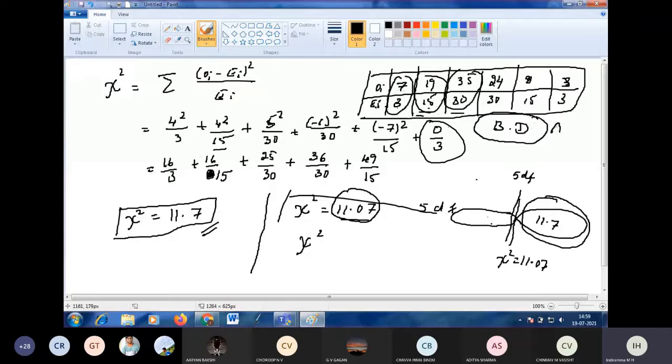That is our assumption, this is our hypothesis. Hypothesis means assumption. We are assuming that our distribution is satisfied by the binomial distribution, but the error is more, therefore our assumption is rejected. Finally, you have to write that the hypothesis that the data follows the binomial distribution is rejected.